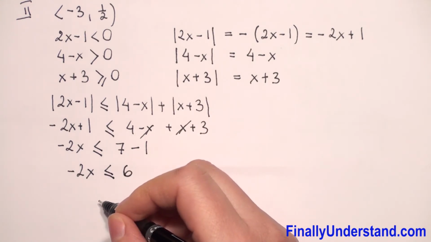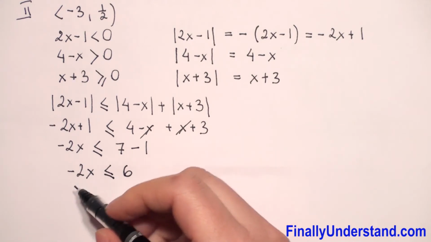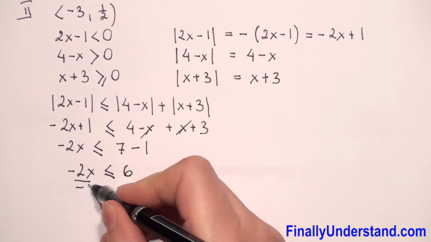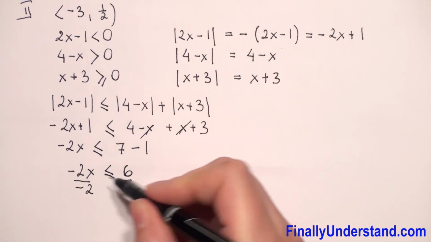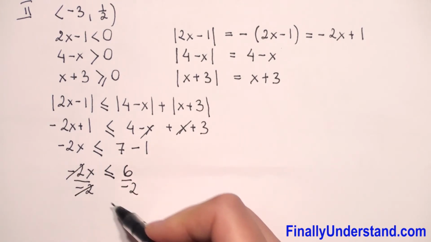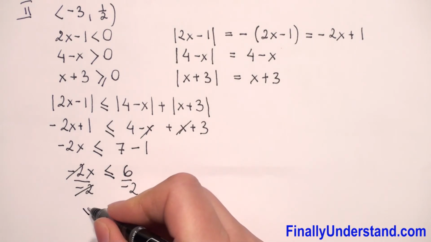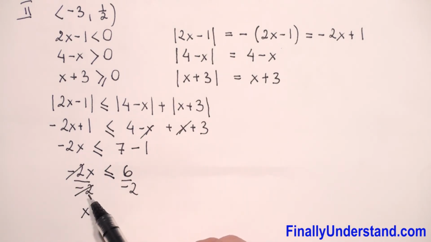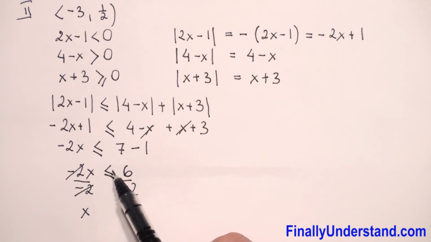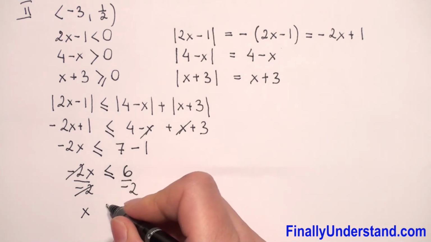Now I will divide both sides of our inequality by negative 2. Negative 2 and negative 2 will cancel, and we have only x, and we cannot forget when we divide or multiply by negative numbers in inequalities, we have to change the direction of our inequality.